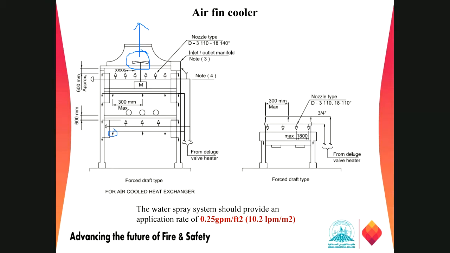Once it fuses, it will give a signal to the deluge valve to open, and once it opens, the water will be discharged to these areas. Now if you are installing your piping in these areas, you have to be careful regarding the corrosion factor of the piping, because there is always some water present in those areas. When air and water mix together, it will cause some kind of corrosion issues. So be careful regarding the piping classification in that area.